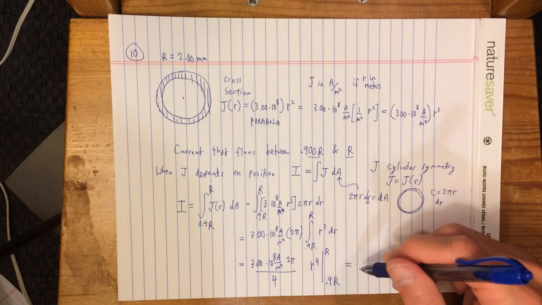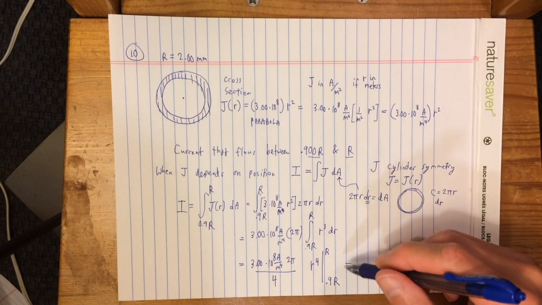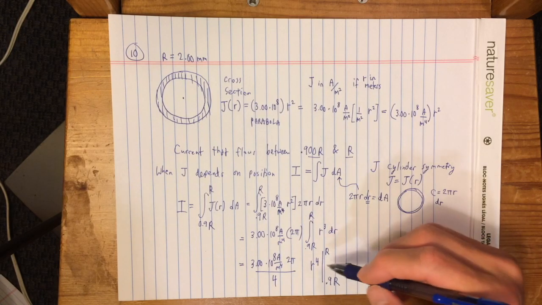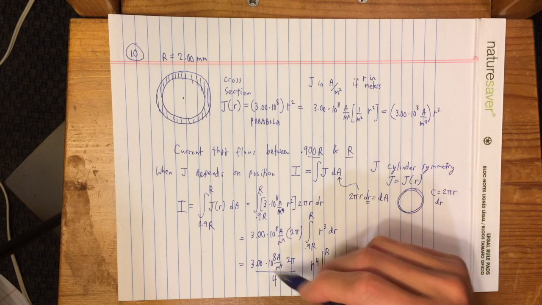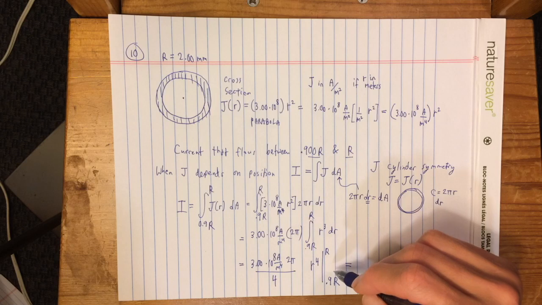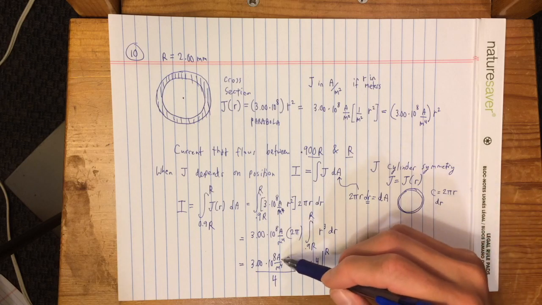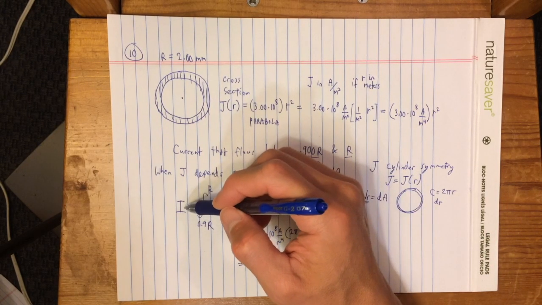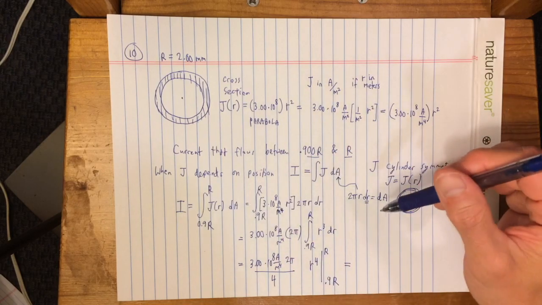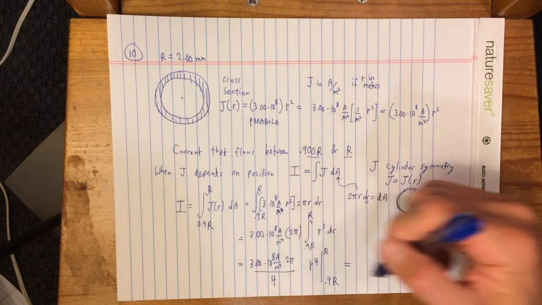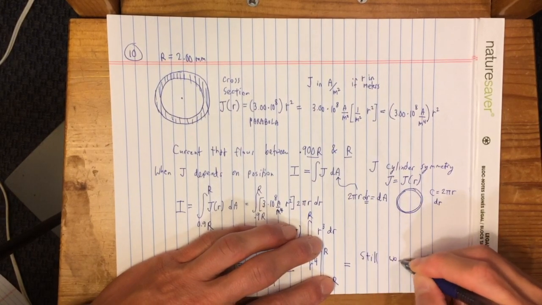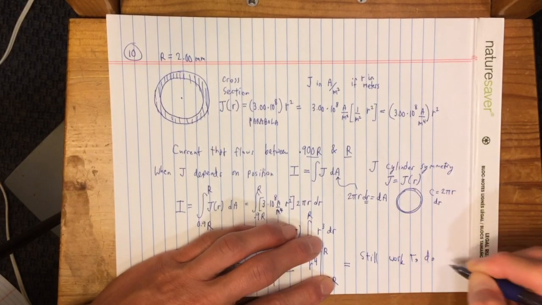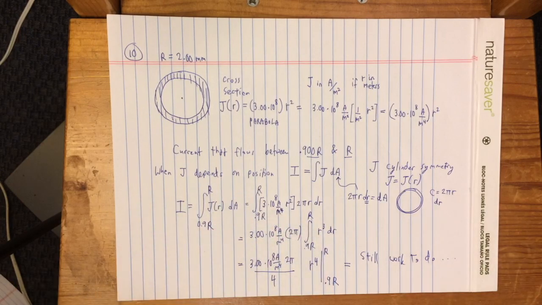You might have a conversion factor as well, like some factors of 10. But you can see that the only unit left is going to be the amp, and we are calculating a current. That's what has to happen. You still need to do some work, but this is the right path.